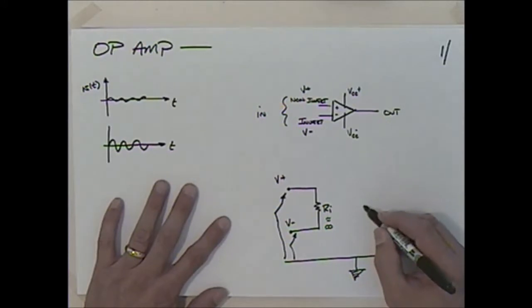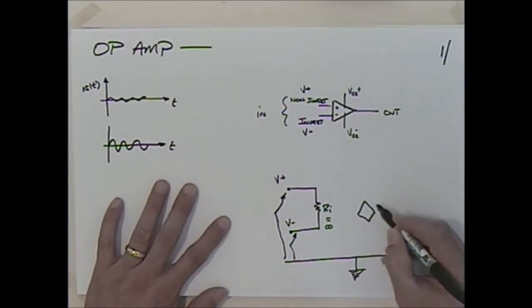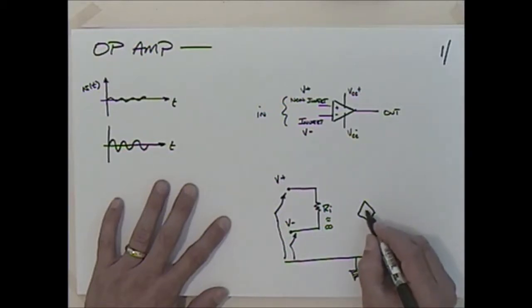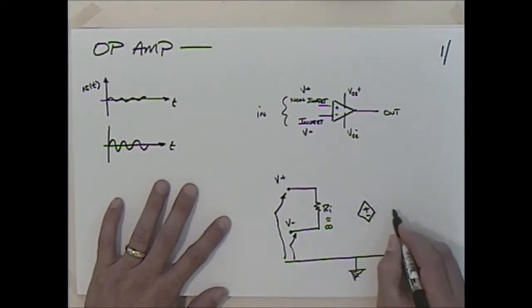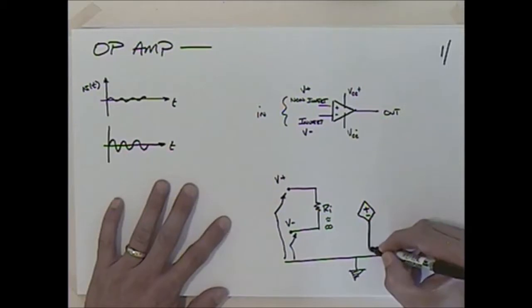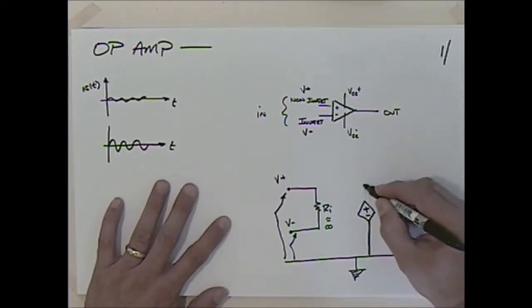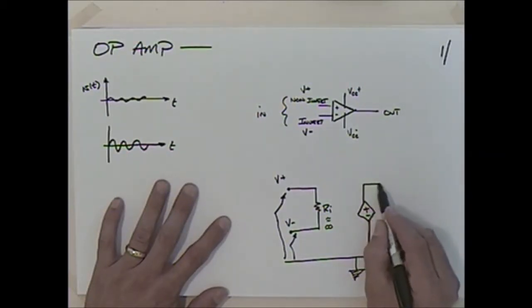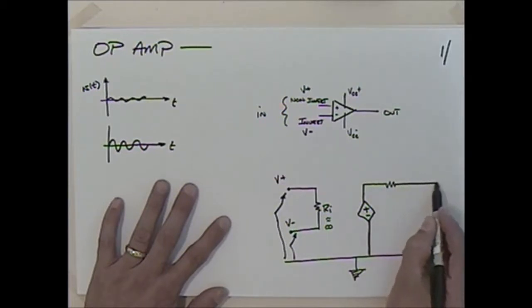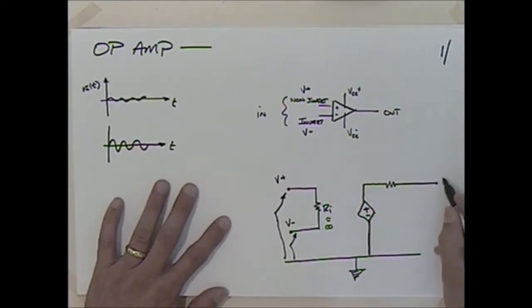And then this is going to be controlling a voltage-controlled voltage source, like this. We'll have an output resistor, and then this is going to be V out, if you will, which would be across there.